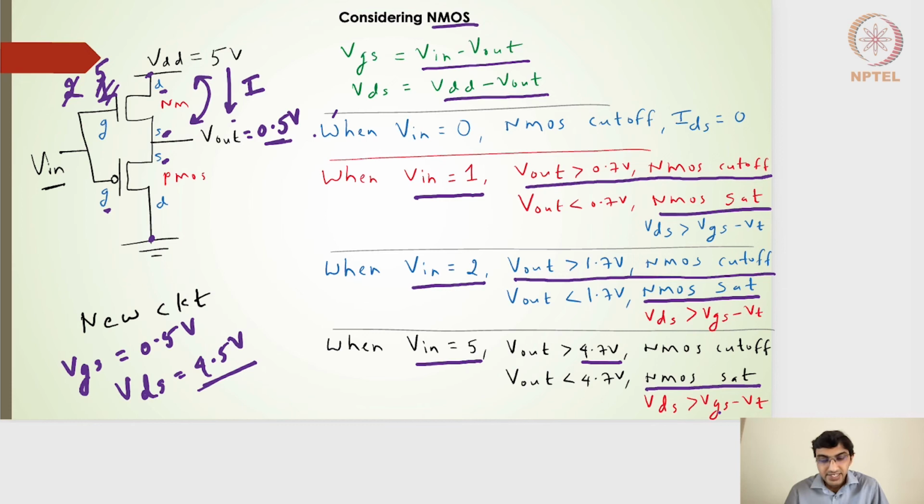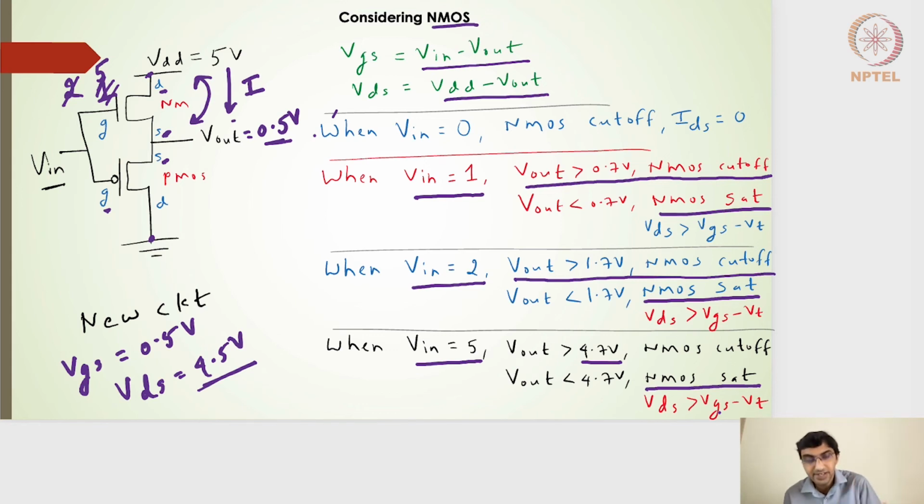So what we have seen is we have considered the NMOS transistor in this new circuit and applied different input voltages: 0 volts, 1 volt, 2 volts, 3 volts, 4 volts, 5 volts, and saw that the NMOS transistor will either be in the cutoff region or in the saturation region based on the range of the output voltage.